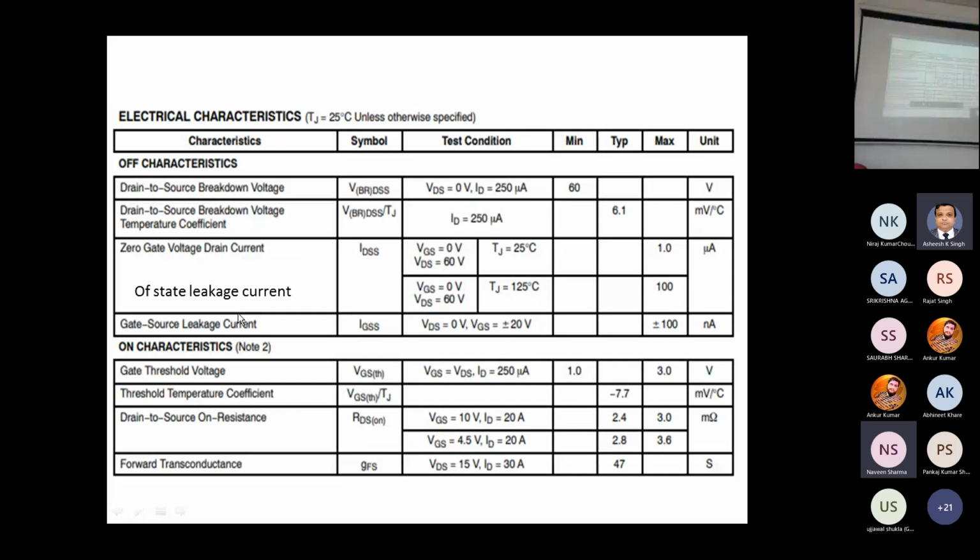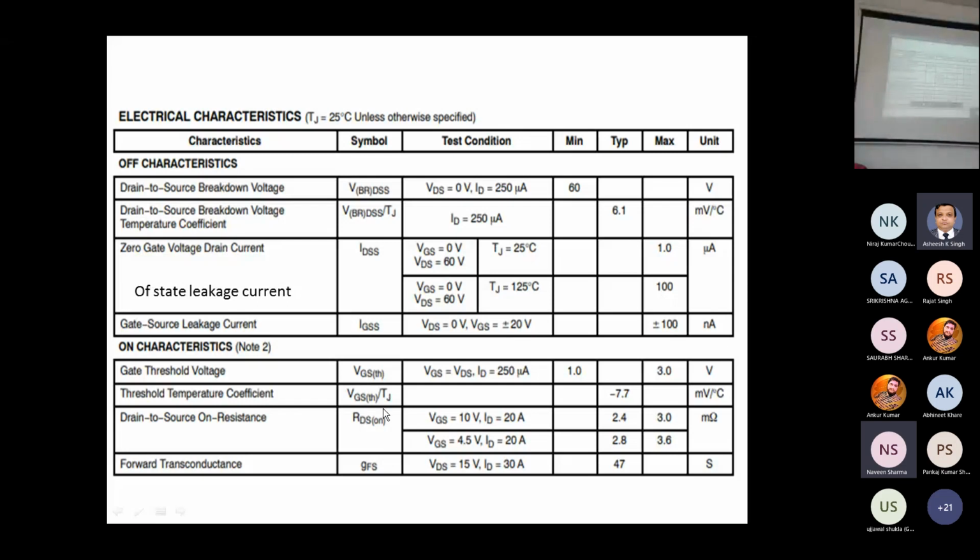So gate to source leakage current: if you don't apply the forward voltage to the switch and only apply the gate, then there will be a leakage current in the gate to source, that is plus minus 100 nanoampere.